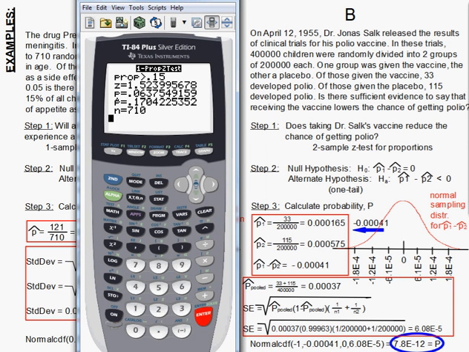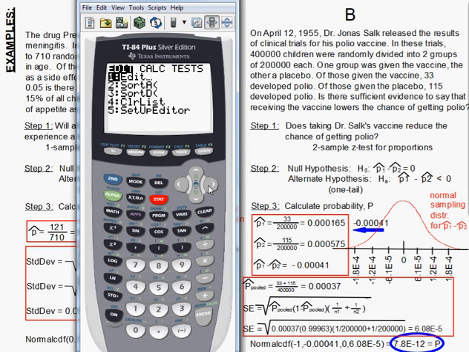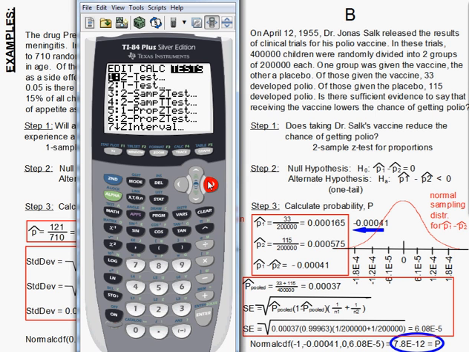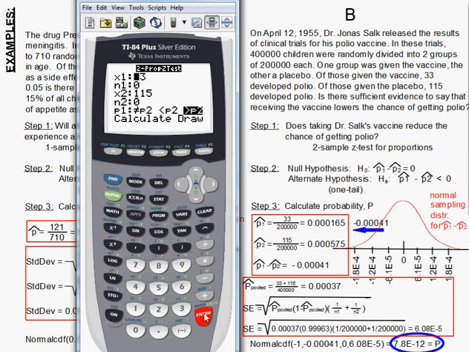Now if we go over here and look at our 2 sample, we can look for our 2 sample proportion z-test. I've already loaded these in. We have 33 as the count for our first sample, out of 20,000.